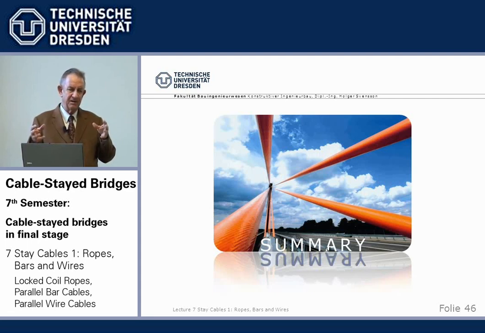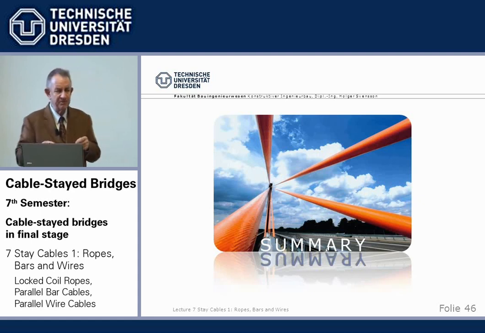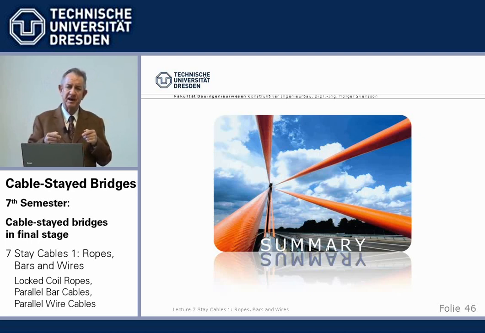So on one hand they have to be stiff and strong, but in addition they have to have a very good corrosion protection, because the attack on this rather thin member is intense. And I've shown you 2 types, 3 if you want to, how it's done.